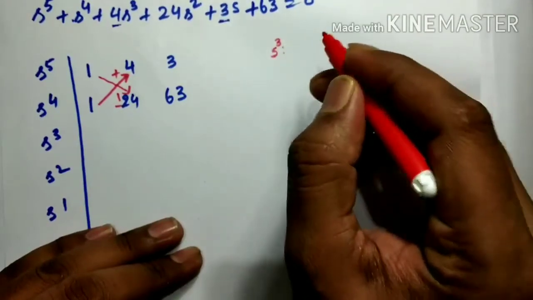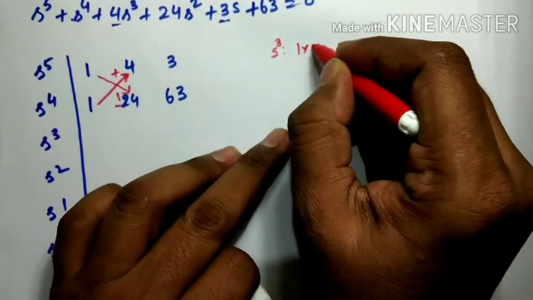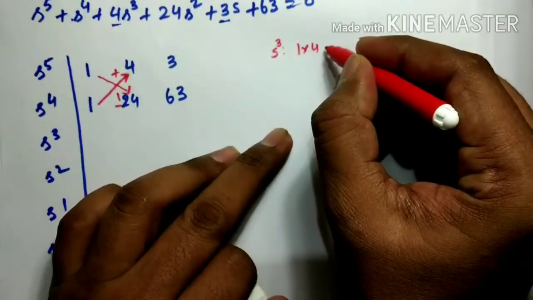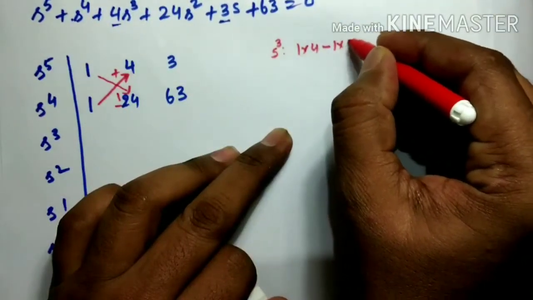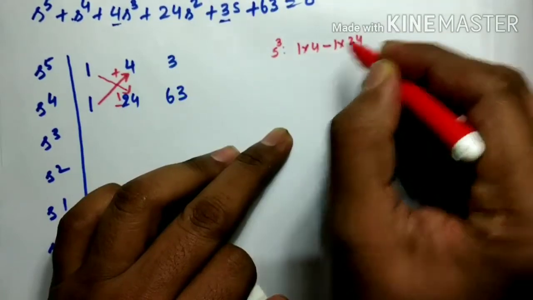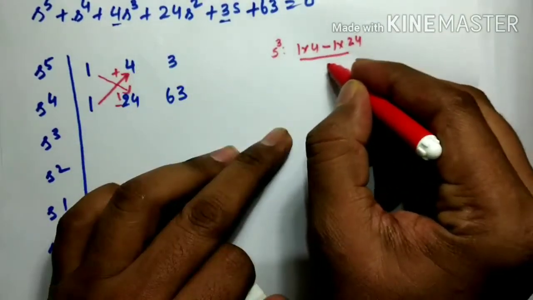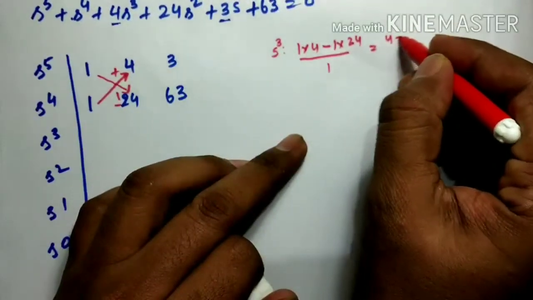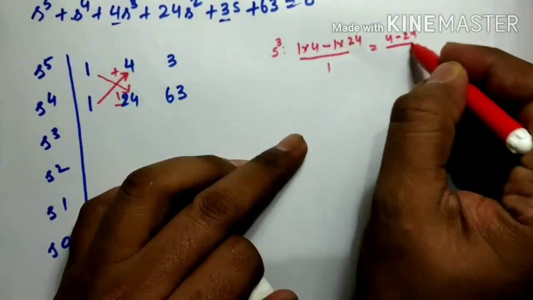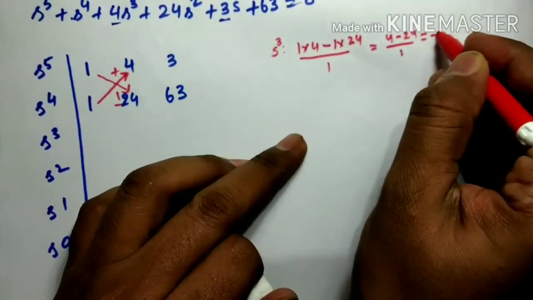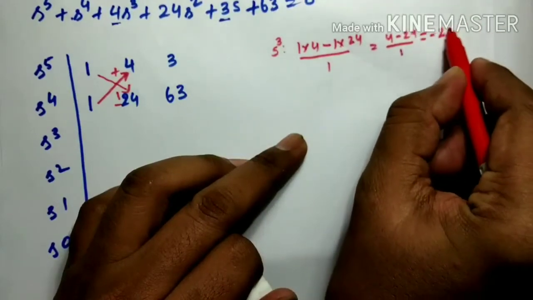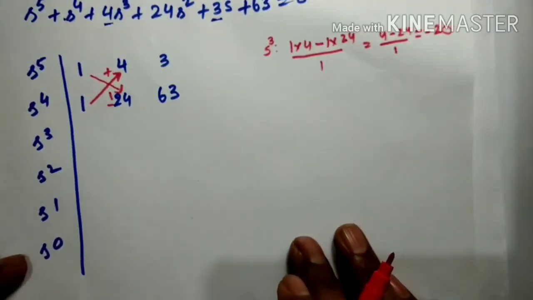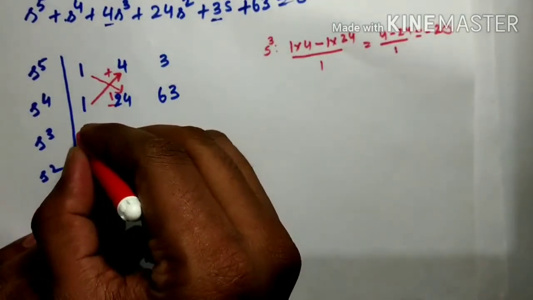So 1 into 4 minus 1 into 24, divided by 1. How much will you get? So 4 minus 24 by 1. So you will get minus 20, right? So this one would be minus 20.